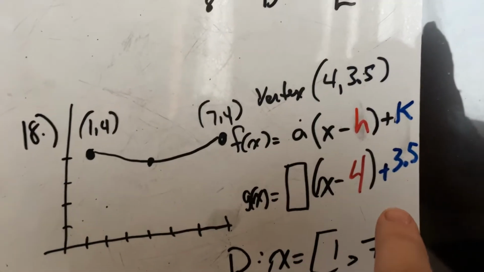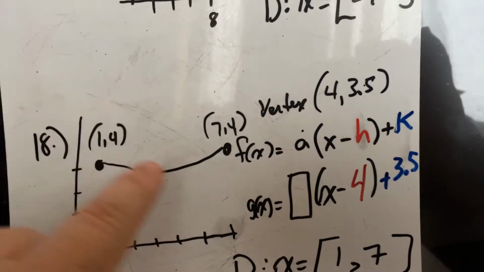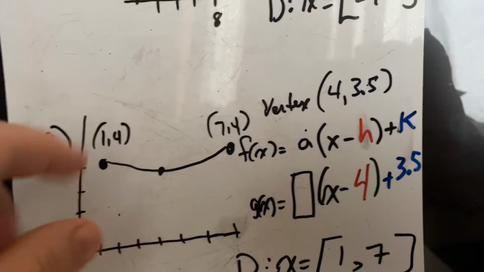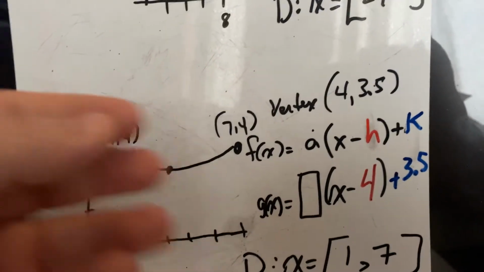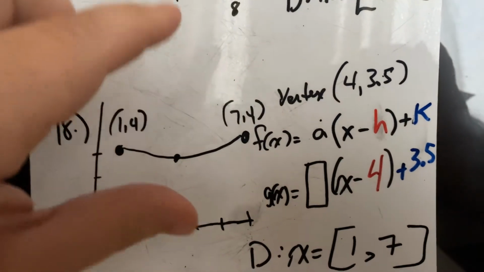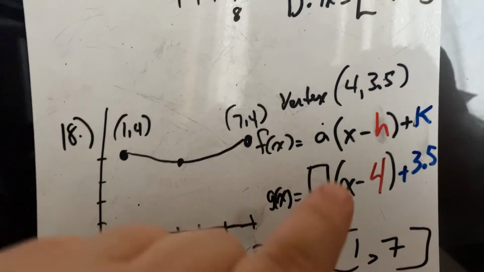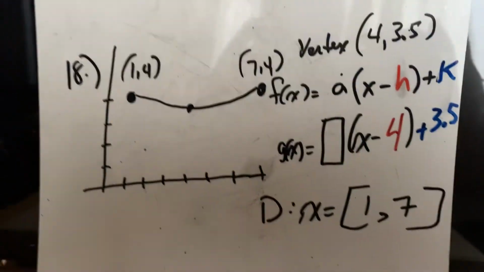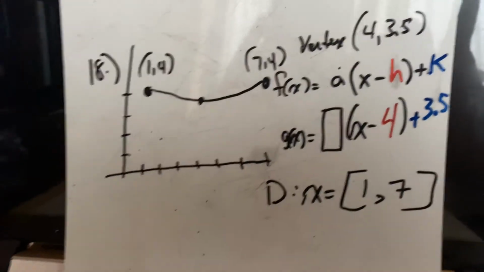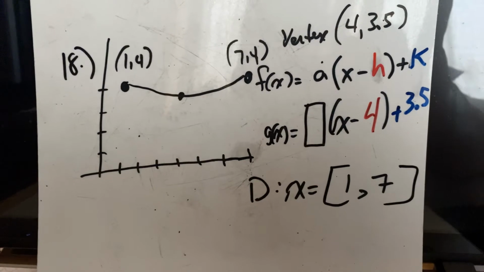K is 3.5, I've substituted that in. Since it opens up, I know a is definitely positive. But it looks like it's been stretched to some number. Sorry, compressed, because it's gotten squishier. Since it's been compressed, I'm thinking this is a fraction. Try a half, try a third, try some fractions. Do this on Desmos and come up with the closest match you can to the given numbers.